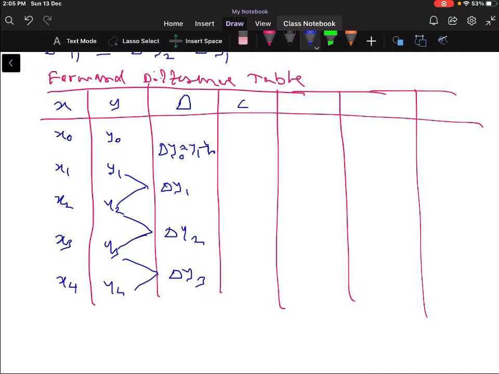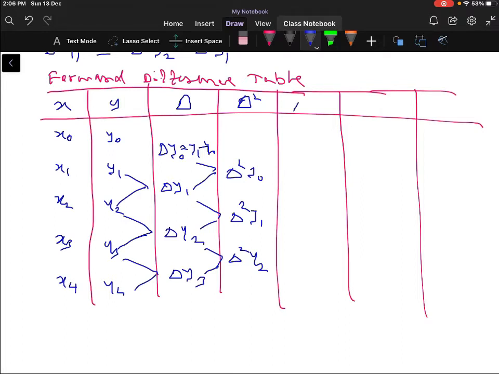Now let us define the second order forward differences. Delta y1 minus delta y0, that is delta square y0. Delta y2 minus delta y1 is delta square y1. Delta y3 minus delta y2 is delta square y2. So these are the second order forward differences.